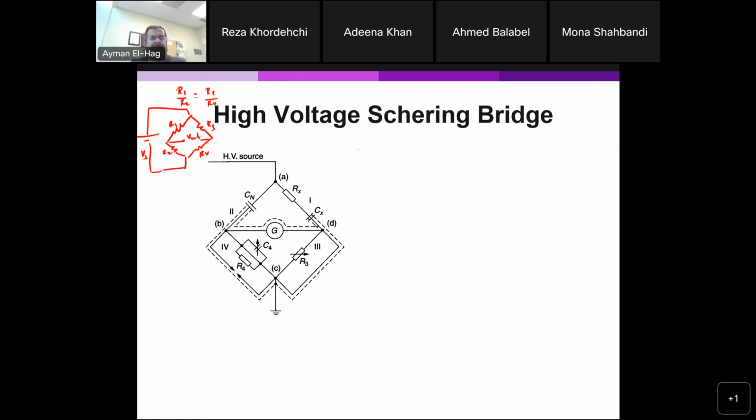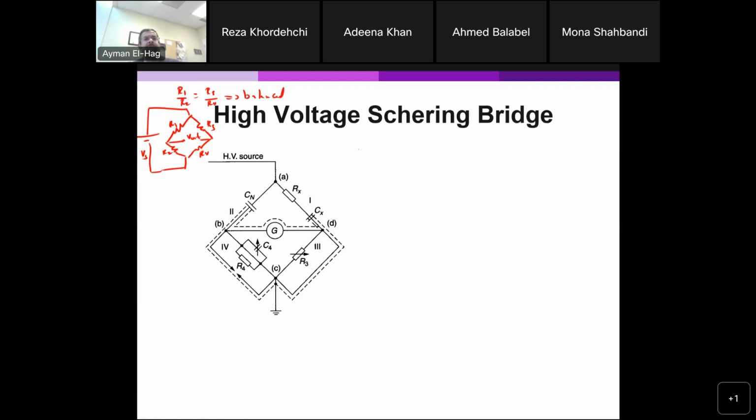If this happens in a bridge, we say that this is a balanced bridge. The bridge is balanced, and your V out will be equal to 0. And the current that goes here is equal to 0, even if you connect a resistance. Okay, so that is basically the definition of a balanced bridge.